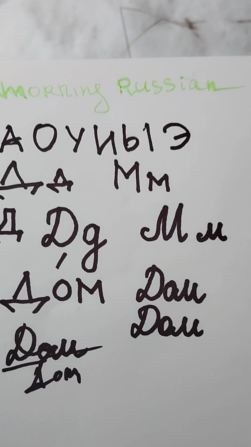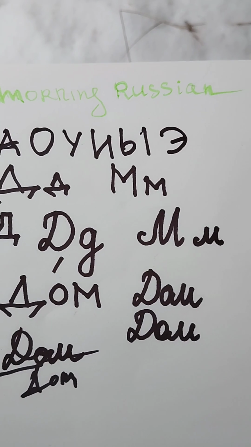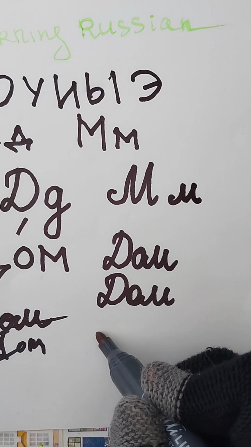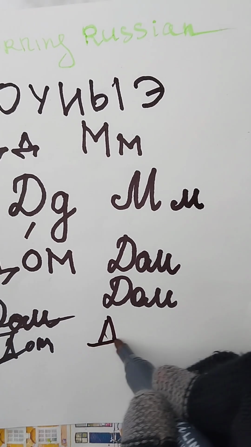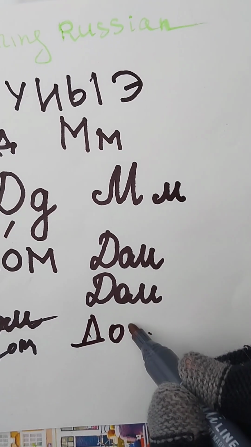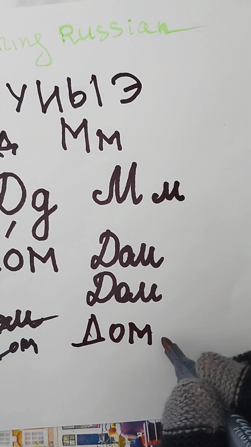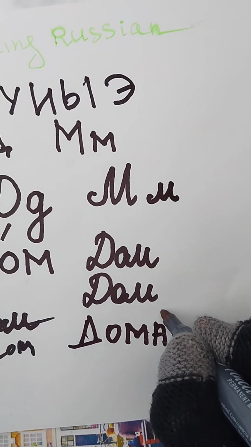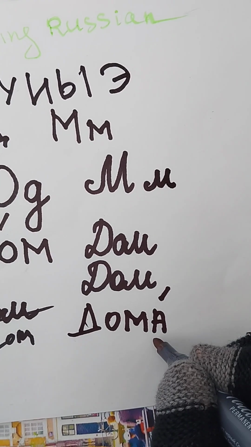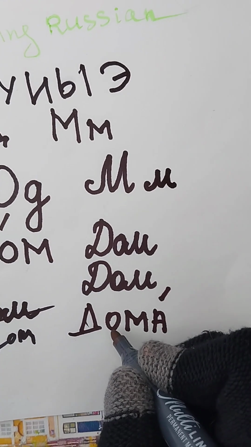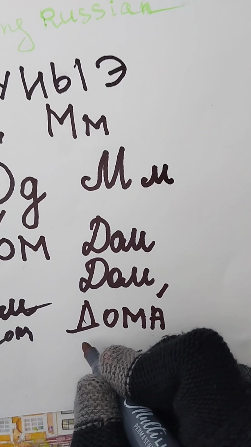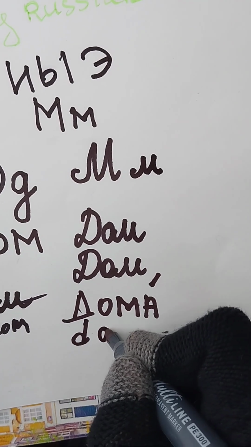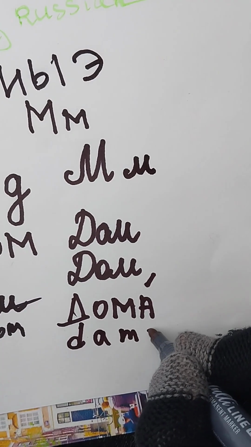The plural form of dom is дома. And the A here is stressed. O is not stressed, so we pronounce it like da-ma.